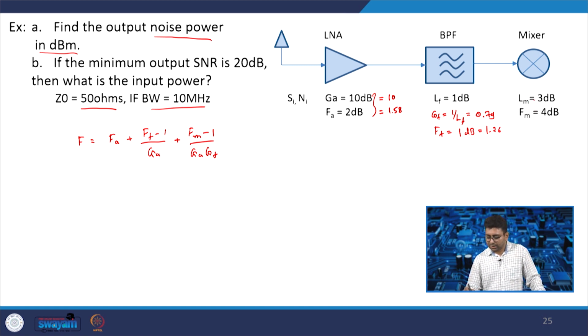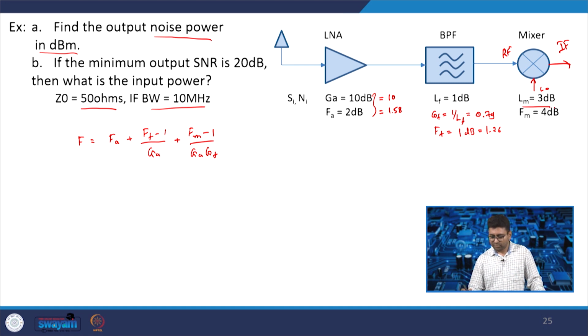Then there is L M. For the mixer there is a loss, and the noise figure is separately given. The mixer is a special device where there are two inputs: an RF input and an LO input, and you will have an IF output. Its noise figure is given, and because this is a lossy mixer, a loss is added.